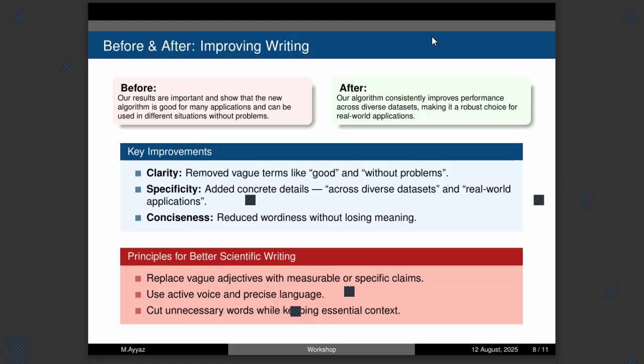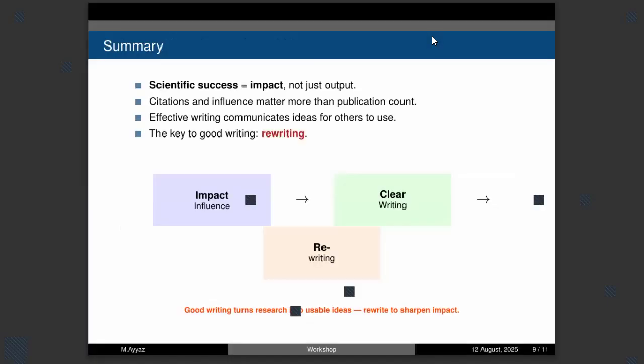We have also removed some unnecessary words while keeping essential context. So in summary, to enhance our impact in the scientific world and achieve scientific success, we have to write effectively. And we have seen a single tool that can change the perspective and make our ideas clearer on paper.